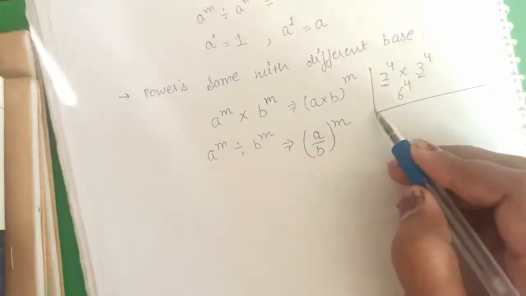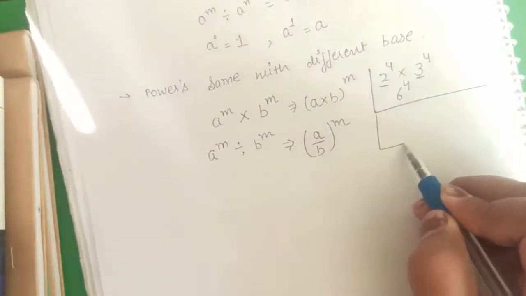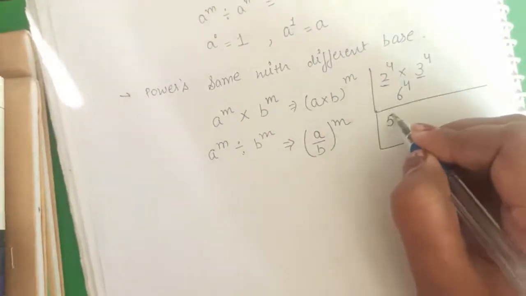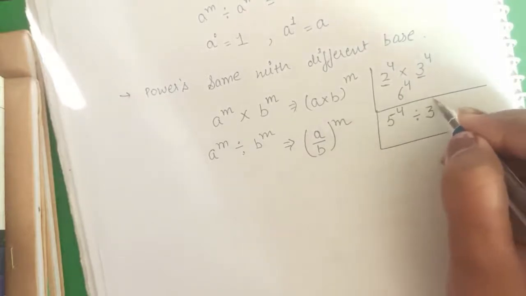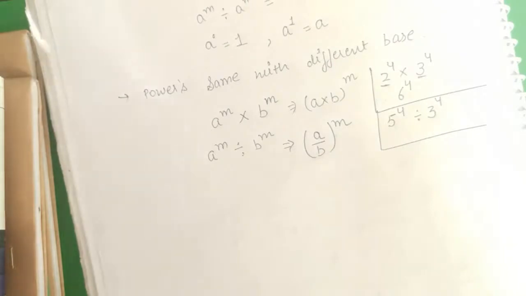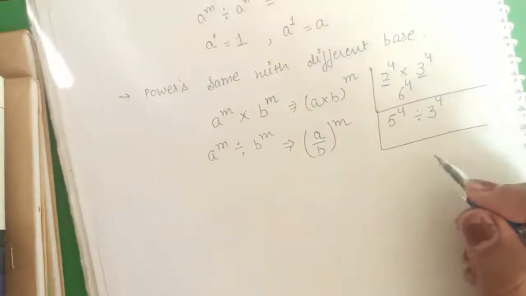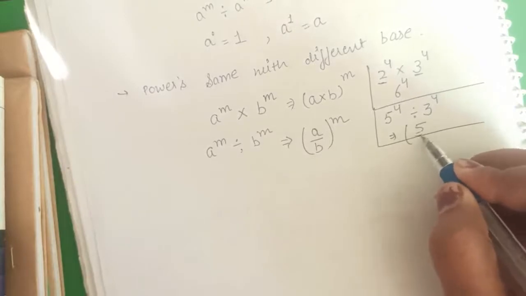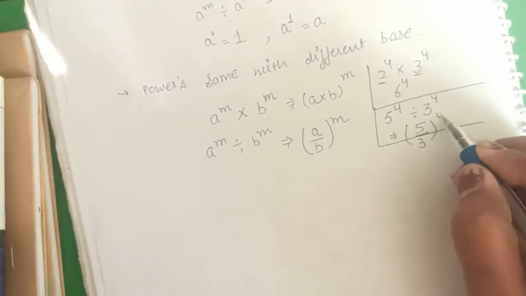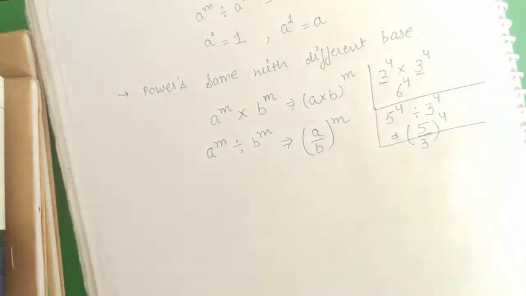For example, 5 to the power 4 divided by 3 to the power 4. For this, how will you write? Result of this is 5 by 3 to the power 4. Right? 5 by 3 to the power 4.